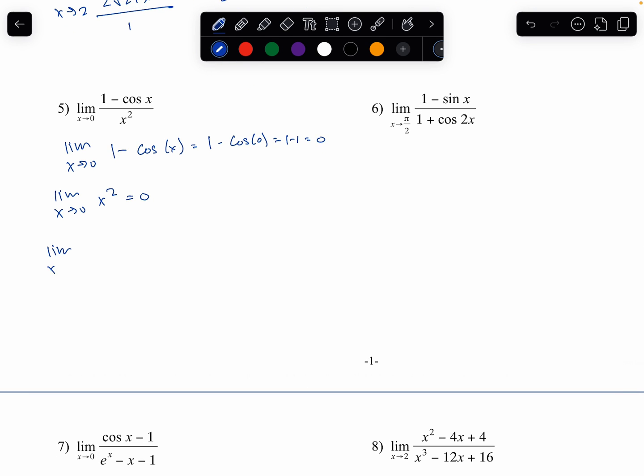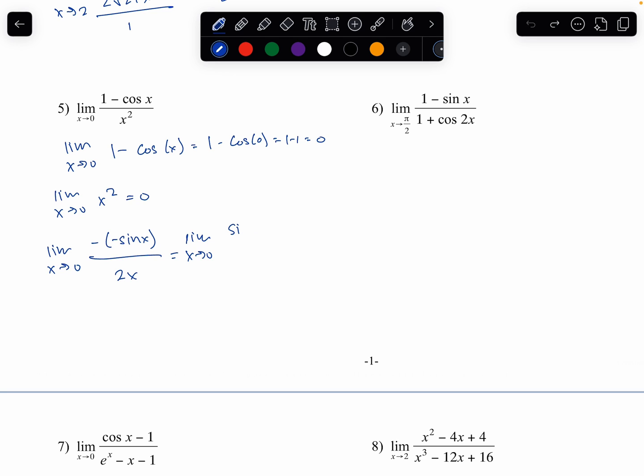So we'll do the limit of the derivatives, and the derivative of 1 is 0, derivative of cosine is negative sine, so this becomes negative sine of x over 2x, which is going to be equal to, whoops, don't forget the limit. The limit as x approaches 0 of sine of x.